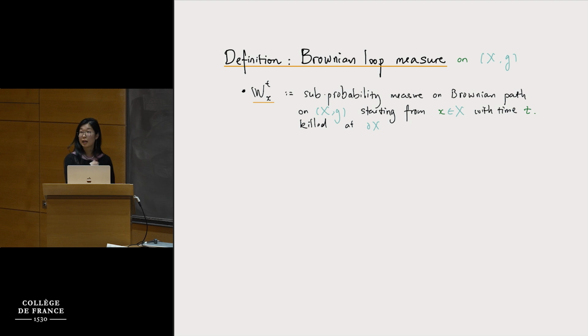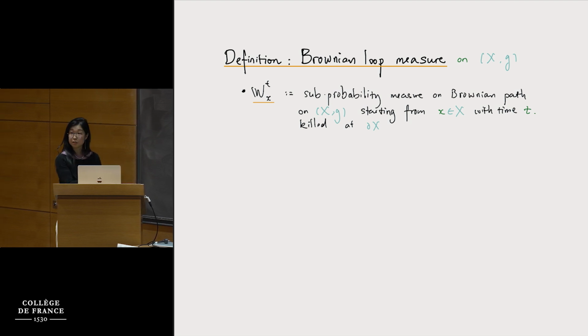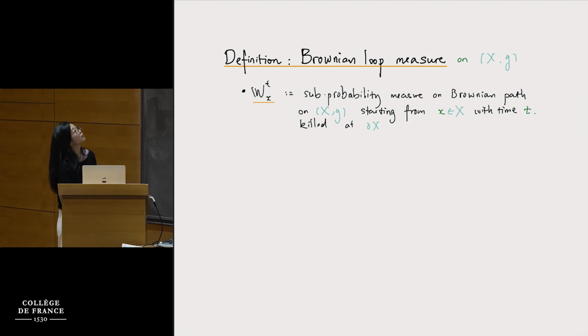If it's the complete hyperbolic metric, it's never killed, so this will be a probability measure on the path. So it remembers where it goes, how it goes through each point. So it's a measure on the trajectory.